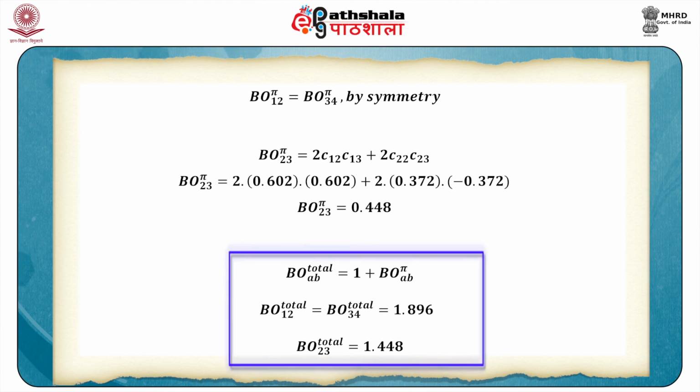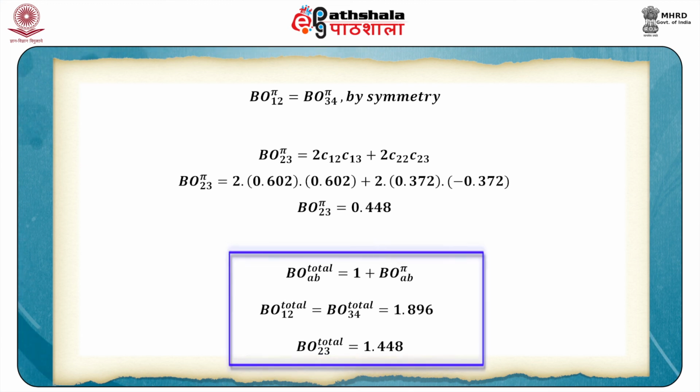But please remember that there is also a sigma bond between any two adjacent atoms. Therefore, if we have to calculate the total bond order between two atoms, this will be sigma bond order plus pi bond order. And if we do that, we get the corresponding values. So the total bond order between carbon atoms 1 and 2 would be equal to 1.896.